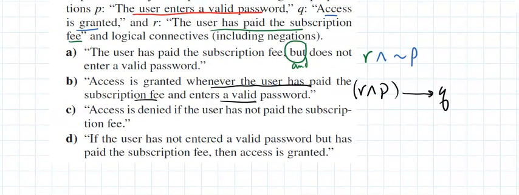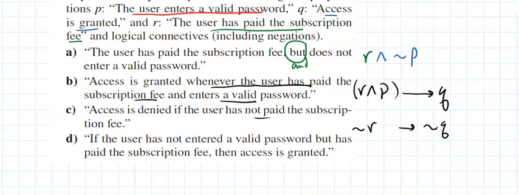C, access is denied if, so you're not gonna get the access if you did not pay. Pay is R. Not paying implies not getting the service.